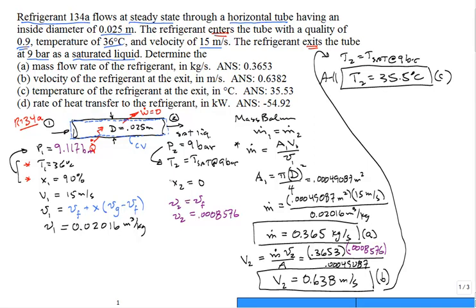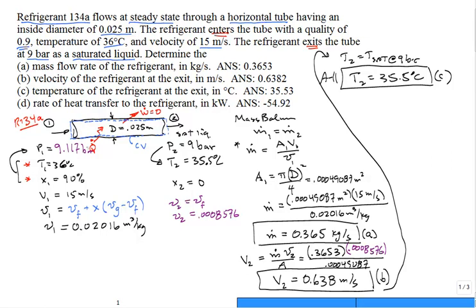So the temperature, if I just make a quick comparison here, didn't go down much, did it? 35.5 degrees C, just like the pressure didn't go down much. It came in at 36 degrees C and went down to 35.5 degrees C. Okay, so at this point, let's go for part D. What is the rate of heat transfer to the refrigerant in units of kilowatts?